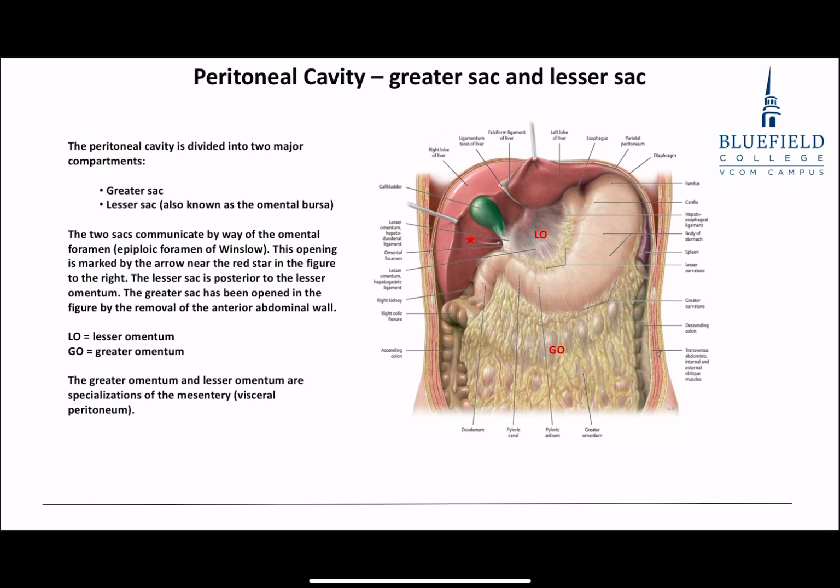Before we see that, we're going to put our hands in here now, right between, just medial to the descending colon, and then we're going to take the small intestine and move it up this way towards the upper right quadrant. And look what happens when we do that.